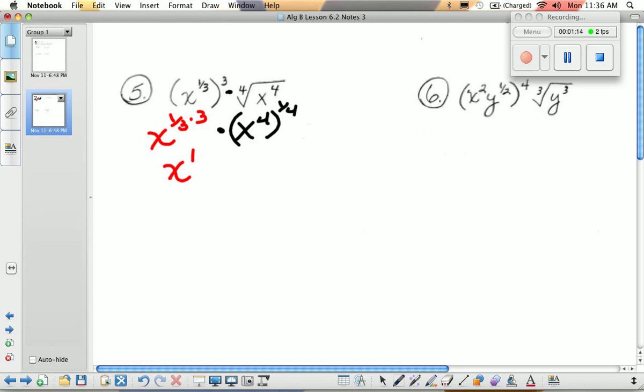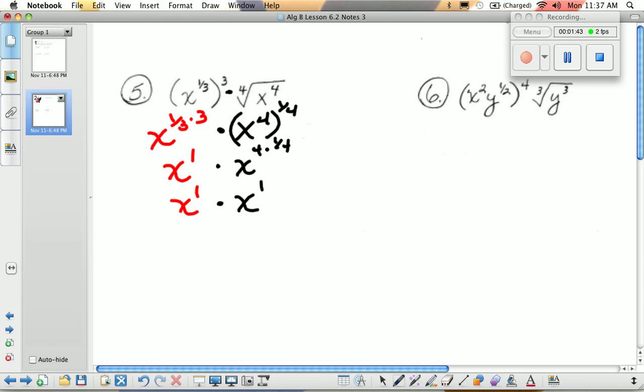This is exactly what we were doing on Friday, on the front side of your notes. And so what we have is x to the 4th power being raised to the 1/4 power, so we have to multiply those exponents. 4 times 1/4 equals 1 again. So we have our x to the 1st power on this side. The other one becomes x to the 1st power.